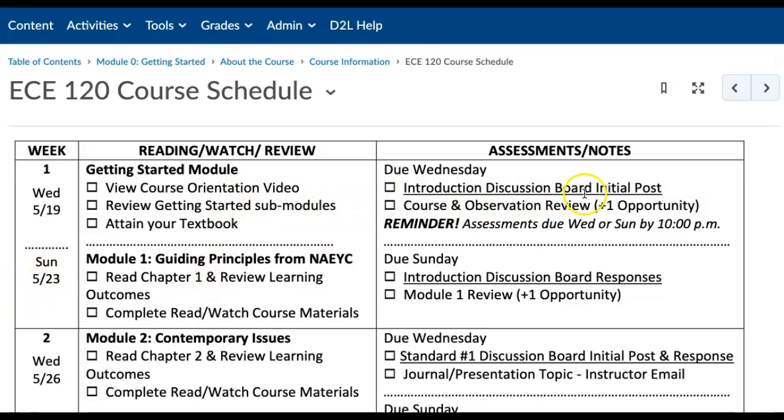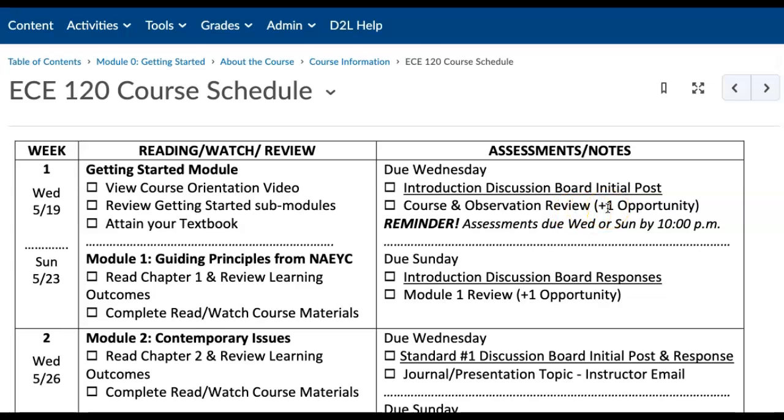Going across, continuing with that above the dotted line for Wednesday, you have your introduction discussion board initial post. Anything that is underlined, such as this first indicated assessment, is worth a percentage of your total grade. Below it is the course and observation review.